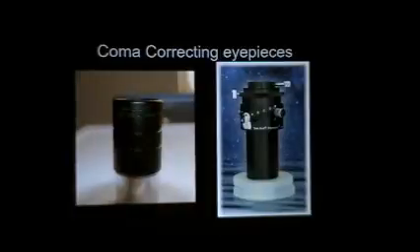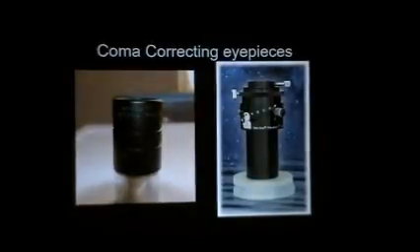Some eyepieces, like we talked about, would have a curvature to the image plane. It wouldn't be flat like the ideal, but it would have some curvature to it where it comes to the focus. Now, if that curve is opposite the curvature that your telescope added to the view, hey, you might be better off. So just because an eyepiece worked better in this one telescope, don't think that it's going to work better in all telescopes.